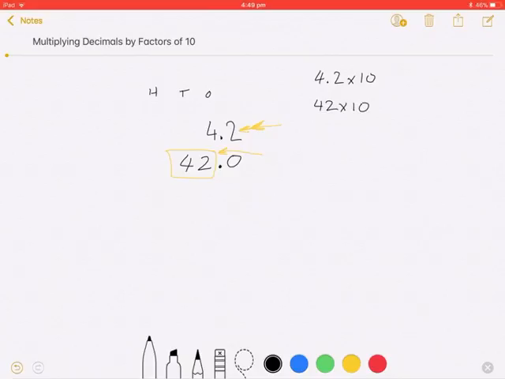Well, let's go back to our 42 then. And this time I want to multiply 42 by 100. This time I'm going to have to slide it over 2 places. So my decimal place is going to stay in the same spot. I'm going to take that box and shove it over 1 place. Then I'm going to shove it over another place. So I've shoved it over 2 places.